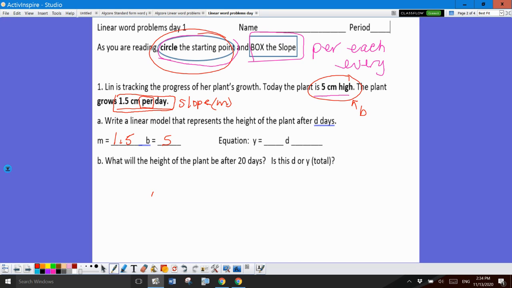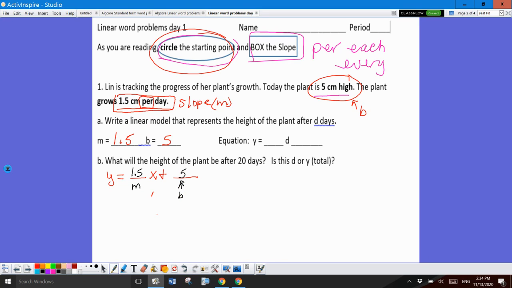And when I substitute into my equation, I know that I have y equals something x plus something. So what's going to go in this first spot? Well, that's the 1.5 because this is my M, plus my 5 because this is my B.